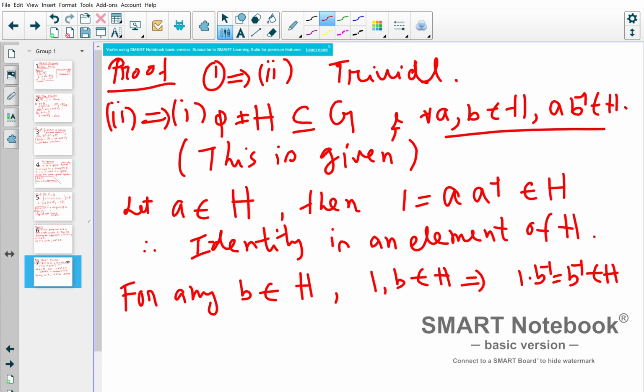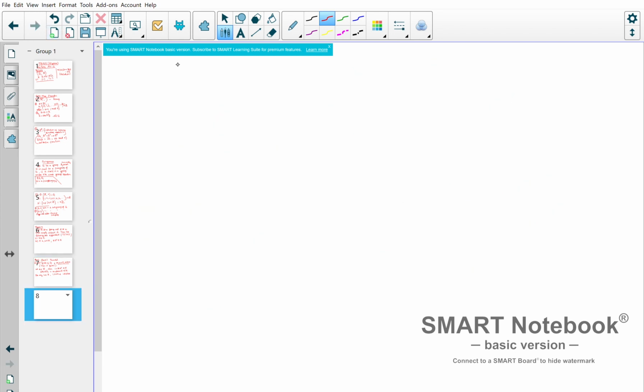Do I need anything more to show H is a subgroup? Yes, I need the most important property, that the operation is closed. So what does that mean? You remember, there was a map from G cross G to G. So similarly, there should be a map from H cross H to H, right? That means the restriction of the operation from G is again an operation from H cross H to H. That means this set must be closed under that group operation.